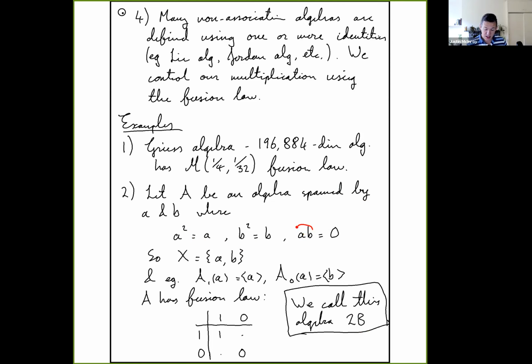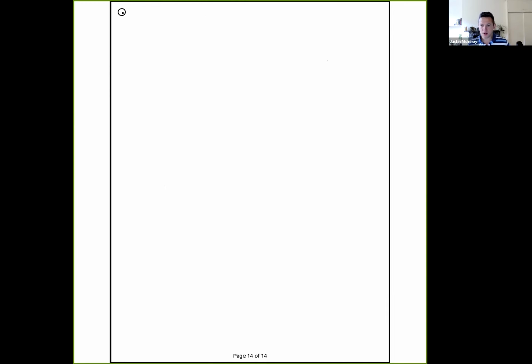As I said in the motivation, to every axis you can associate an involution, and it just so happens that the product of the two involutions, in this case, is in the conjugacy class 2b, and so we end up naming the algebra like this. But you can forget about all of that and just call it 2b.